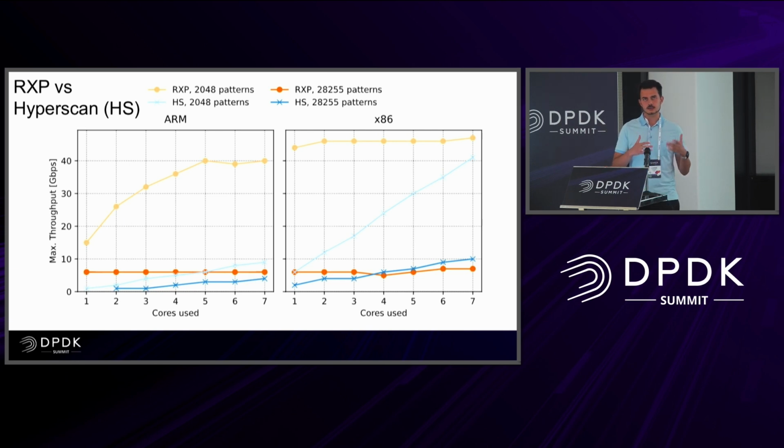So you need 8 CPU cores for Hyperscan to match the same performance of the Regex engine, which can be pretty positive. But what is even more positive is when you look at the light blue on ARM, it's rising pretty slowly, so you would need much more ARM cores to match the same performance as you have with the Regex engine.